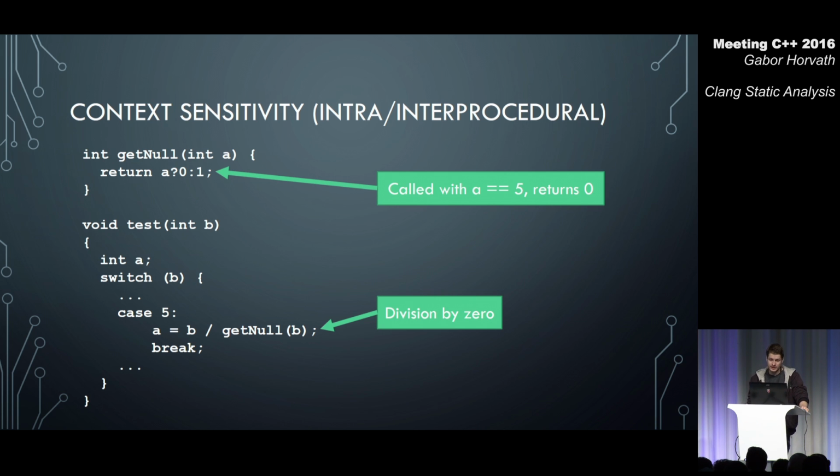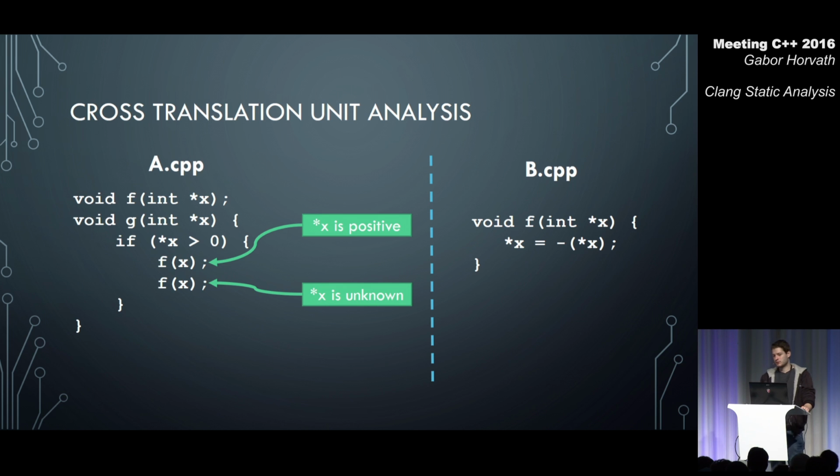So in this case, in the calling context, the getNull function is called with the value 5. Therefore, we can conclude that it returns the value 0, so we can find the division by 0 if we have context sensitivity.